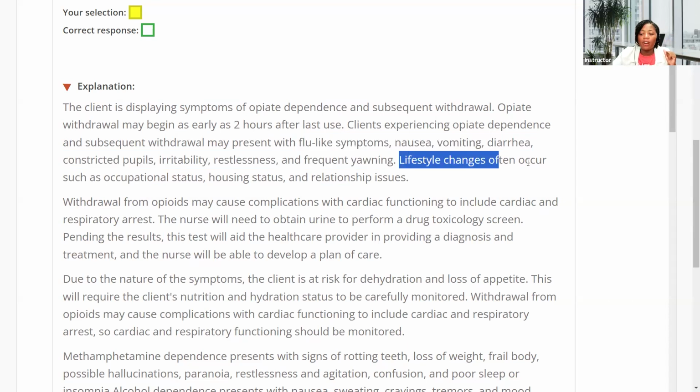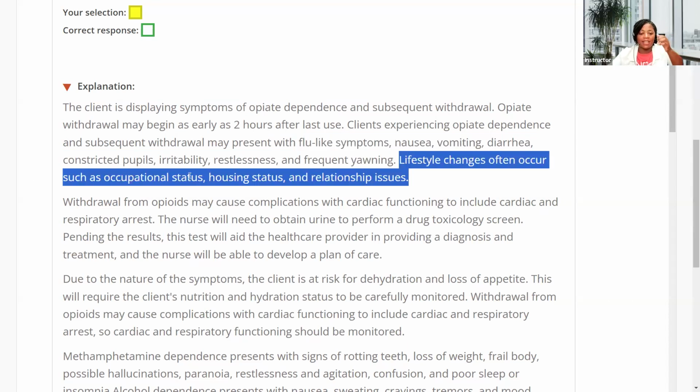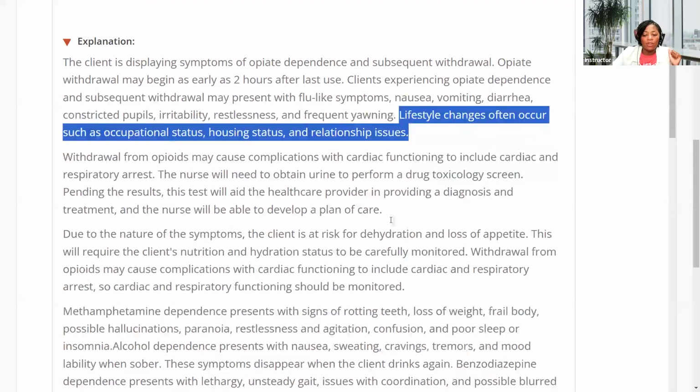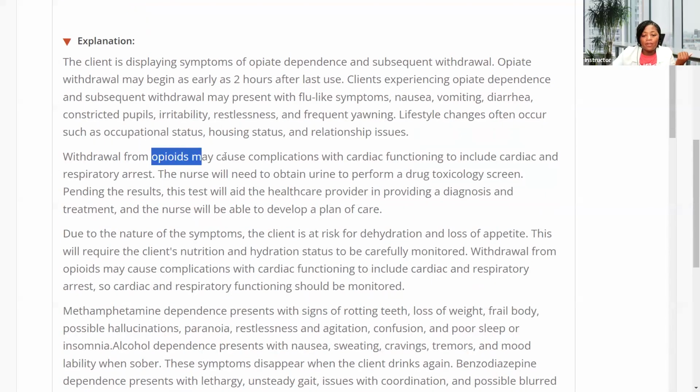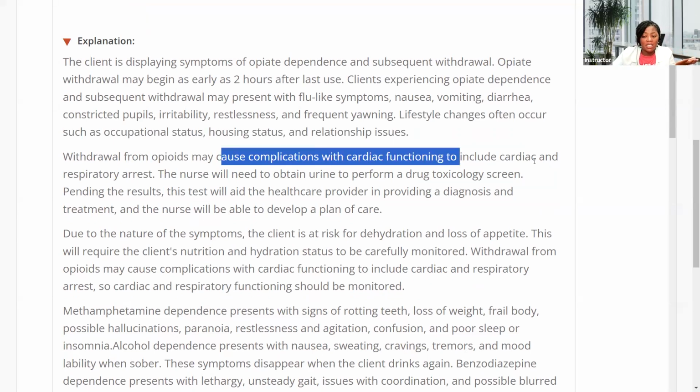And remember, these were risk factors, lifestyle things, occupation, lost his job. He was homeless, divorce. These are risk factors. So all of that was going on. The withdrawal from opioids can cause cardiac function changes to include cardiac and respiratory arrest, right? It could stop breathing, heart could stop. Okay.